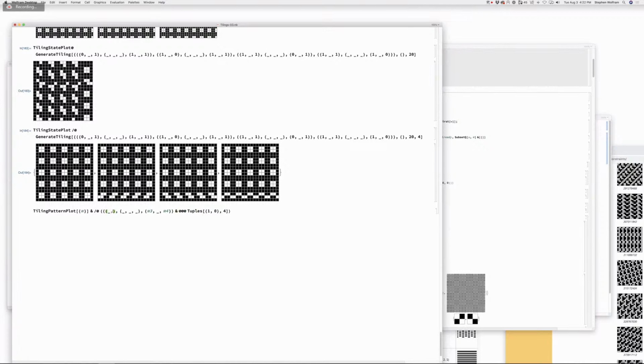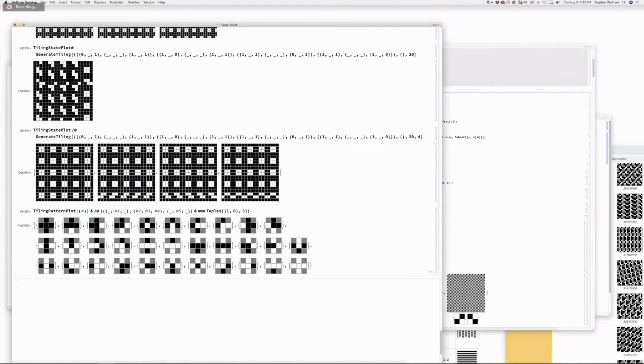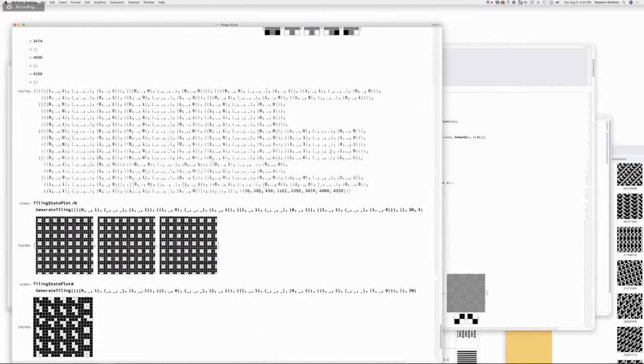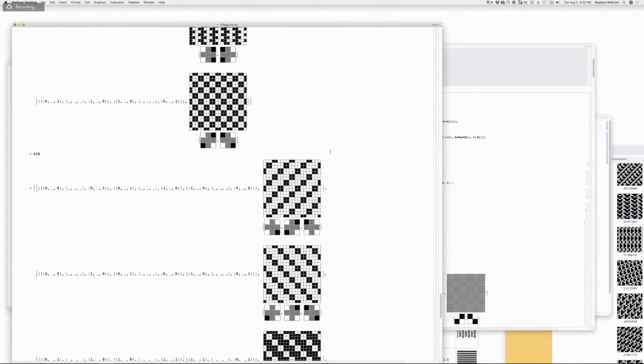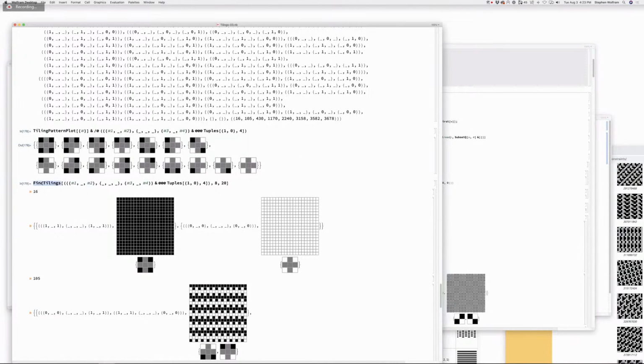So that would be blank #1 blank #2 #3 #4 blank #5 blank. Now, is there any way we can prune down that list? I don't think so. There's no symmetry argument here. There is, but I think that is more trouble than it's worth.